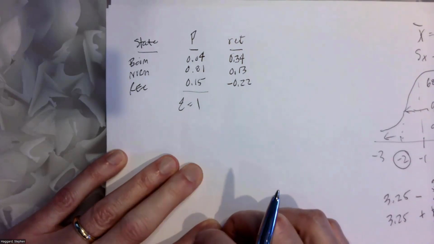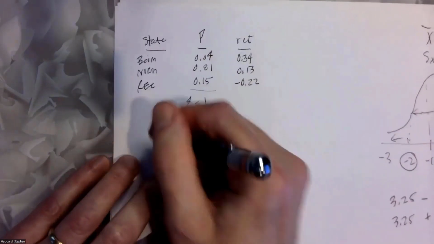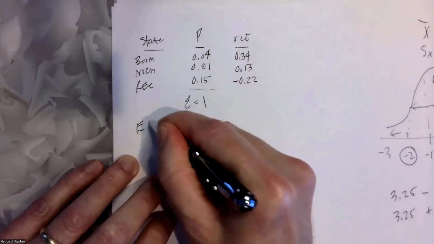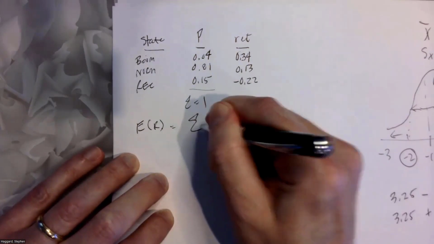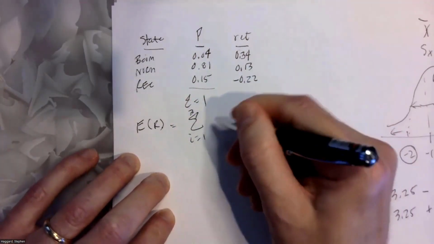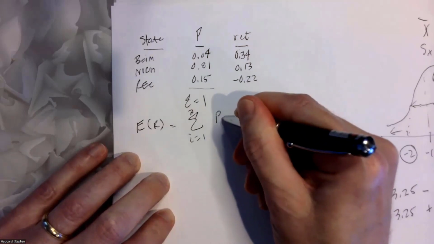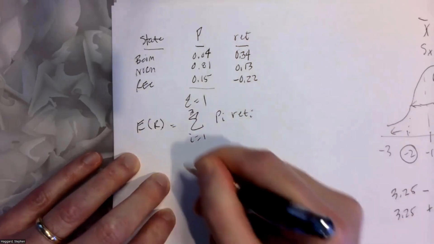We multiply the probabilities by the returns, right? And then add it up. So to get the expected return, it's just going to be the sum from i equals 1 to 3 in this case of the probability of the state times the return in the state.